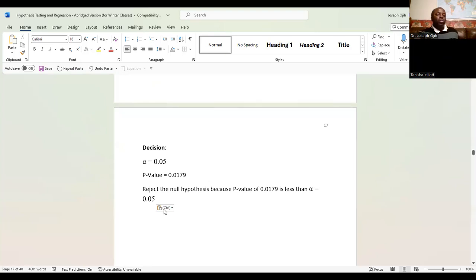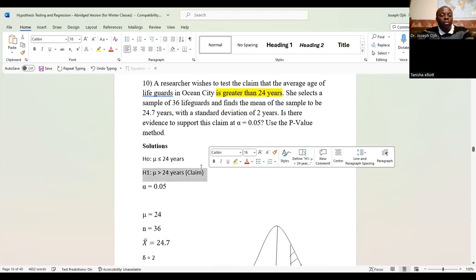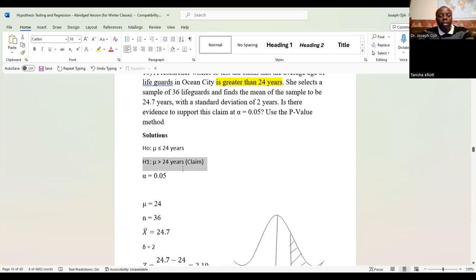So we can now conclude as follows. Conclusion. Since we are rejecting the null hypothesis, that means the claim is correct.